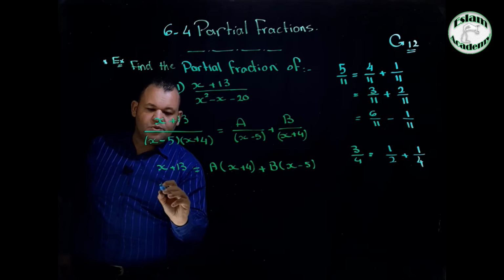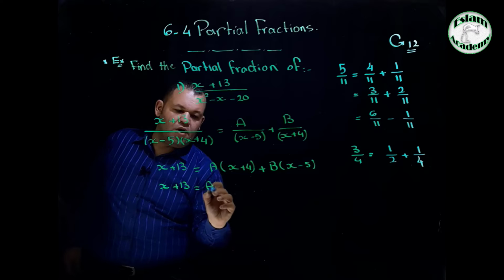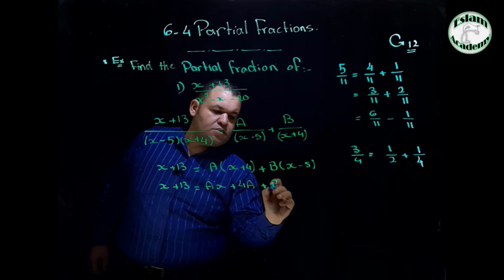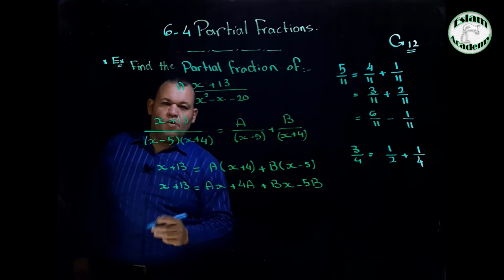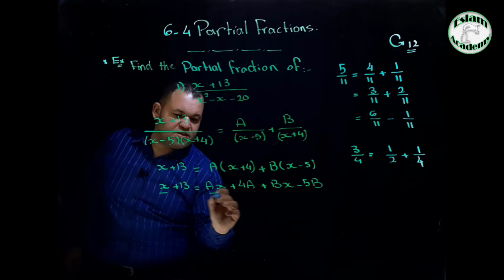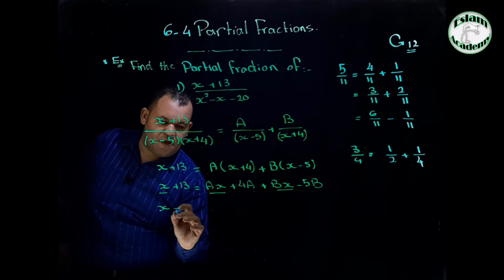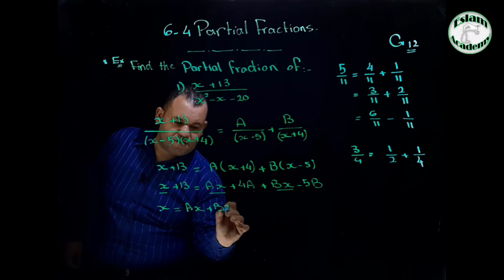Now by using the distributive property, we have x plus 13 is equal to ax plus 4a plus bx minus 5b. Now we are solving the equation, so we have x and x and x. So we can say that x is equal to ax plus bx.